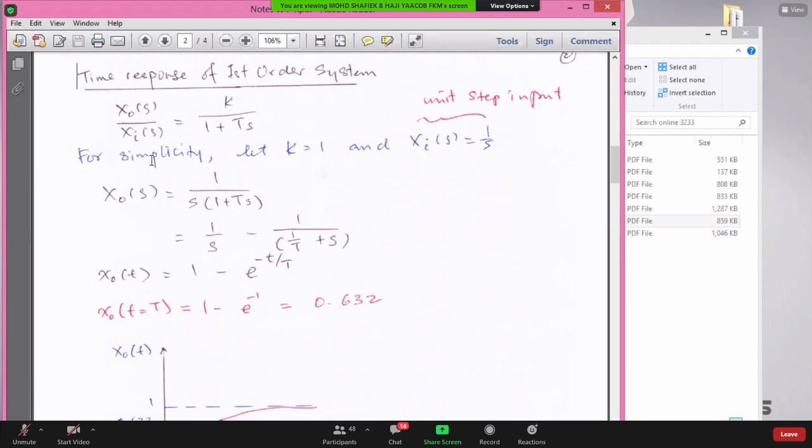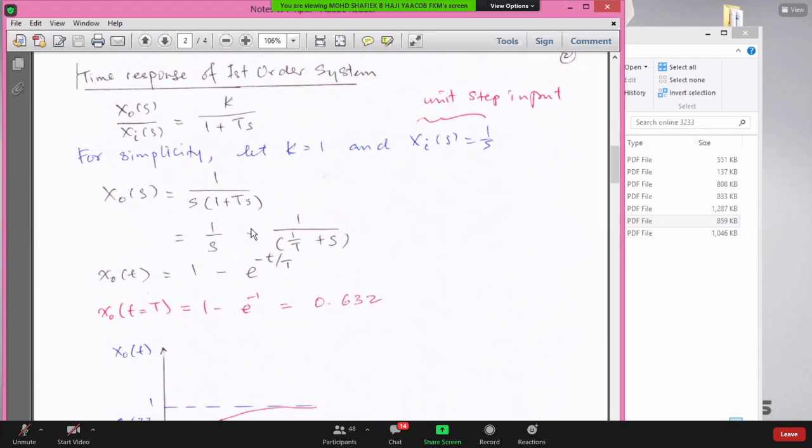For simplicity, let us assume that K is equal to 1 and the input is a unit step. The Laplace transform of a unit step input is 1 over s. So for K equal to 1 and the unit step input, you can solve for the output in terms of the Laplace variable. It is just 1 divided by s multiplied by 1 plus Ts.